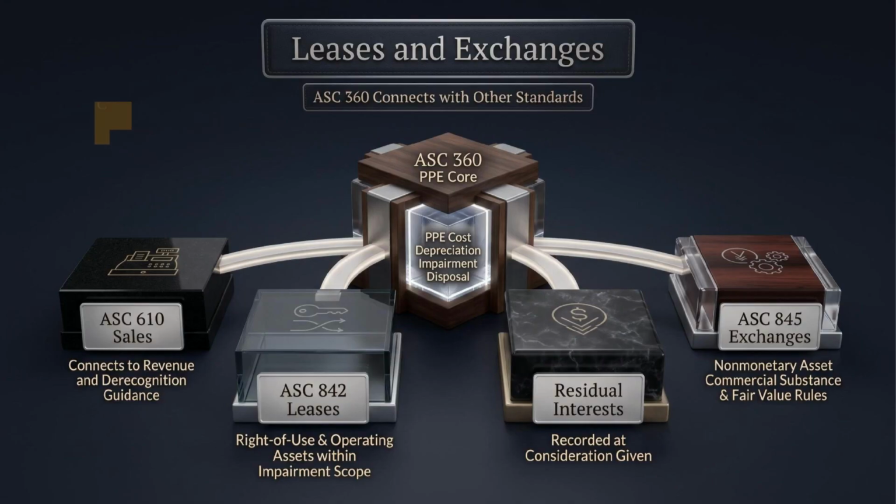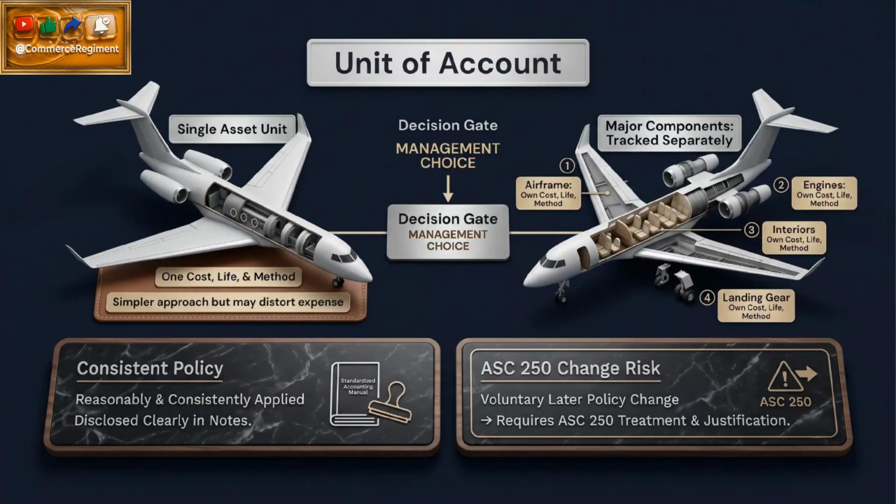The unit of account asks whether management records a complex asset as one asset or separates it into major components. For example, a complex aircraft might be separated into airframe, engines, interiors, and landing gear if those components have materially different useful lives.